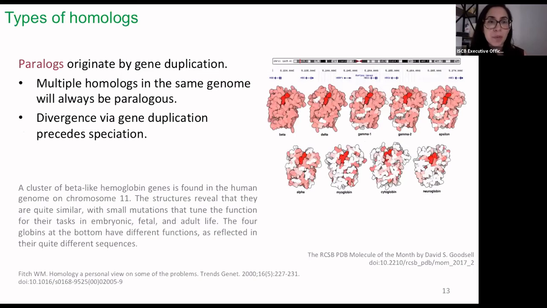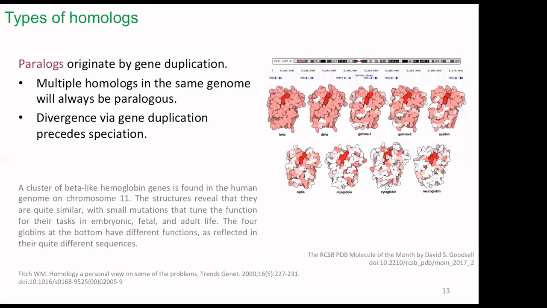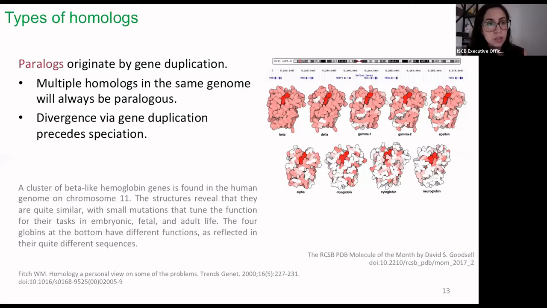The other type of homolog that will be informative for our analysis, but will not have the same information as an ortholog, are paralogs. So paralogs originate by gene duplication. So they are also homologs. The problem is that if we trace back the history of an organism using paralogs, we are going to be confounded by the fact that they originated from a gene duplication.